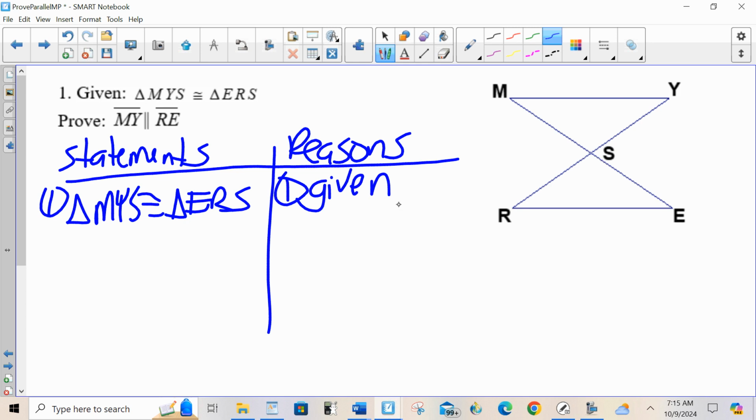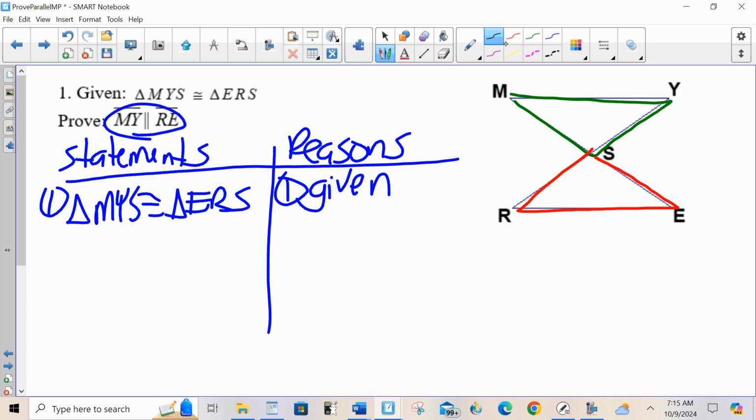So in order to prove the lines are parallel, I need either alternate interior, alternate exterior, or corresponding angles to be congruent. Since these triangles are the same, I can use CPCTC to state any corresponding side or angle I want.